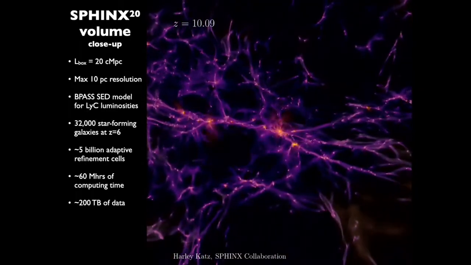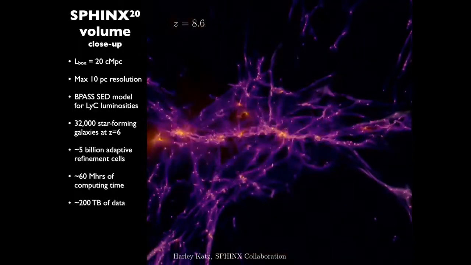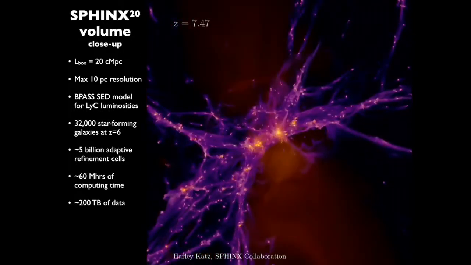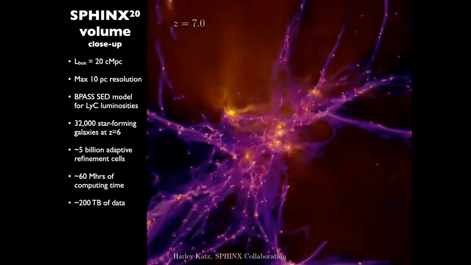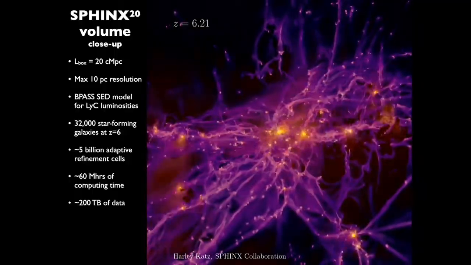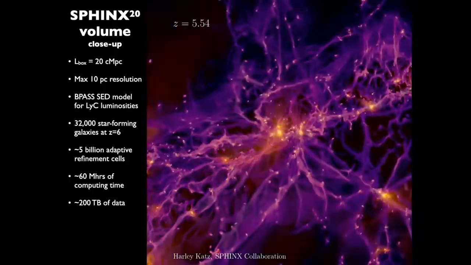What's going on in these simulations, and in many similar simulations where you try to resolve what's going on inside galaxies during reionization, is this kind of breathing. I think it's described as the breathing of galaxies, where you have a cycle where gas falls into the ISM of galaxies.